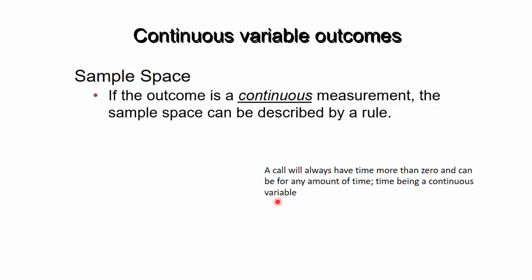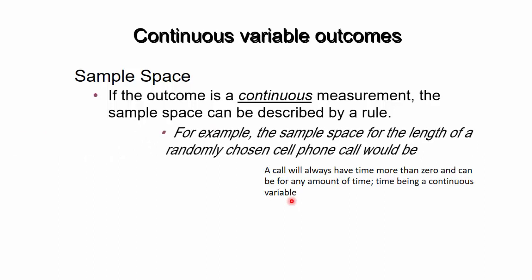So the length of talk could be taken as a variable of the outcome. Not everybody talks the same amount of time. Somebody talks for a minute and a half, a minute and three-quarters. So, which means time here is a continuous variable. Time is a continuous variable, and hence the outcomes of the experiment of finding out how much time somebody talks becomes a sample space with continuous variables.